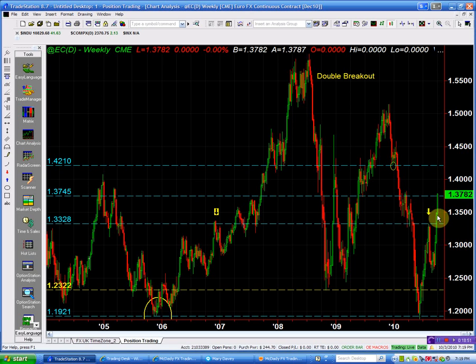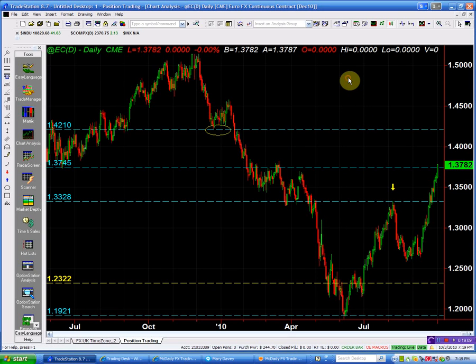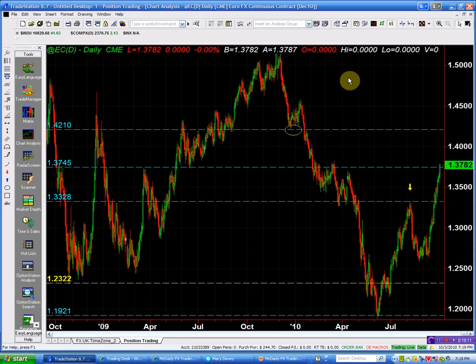All the bad news seems to have been discounted, and if we are going to be trading the euro, we should be looking at the euro from the long side until we get a reversal signal. And thus far, we have nothing that would indicate for us to sell the euro or to get out of the euro. So, having said that, let's do our hierarchy.